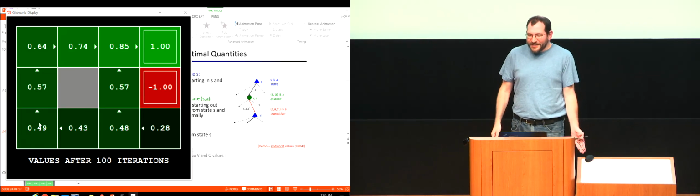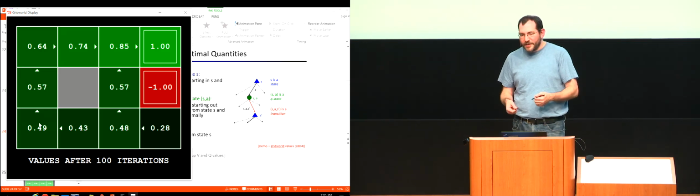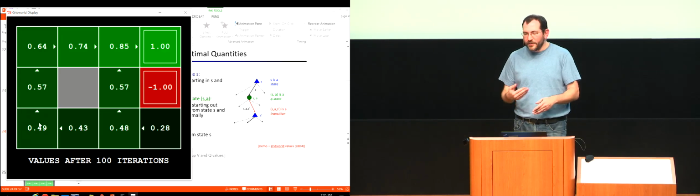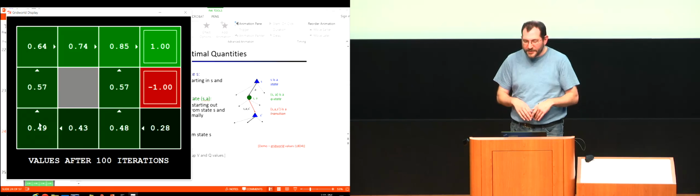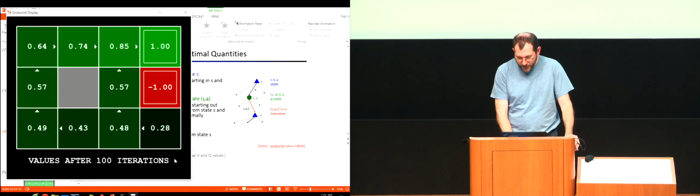Well, by the time you make your way up, some combination of living reward and probability of falling into the pit and discount have whittled away that +1 and averaged in a whole bunch of other possible outcomes, and so your state's value is lower. It is better to be in this state than this state. But the whole point of computing these values is not to notice that this is a bad state, but rather to figure out what is the optimal thing to do if you're there. Okay, so those are values.